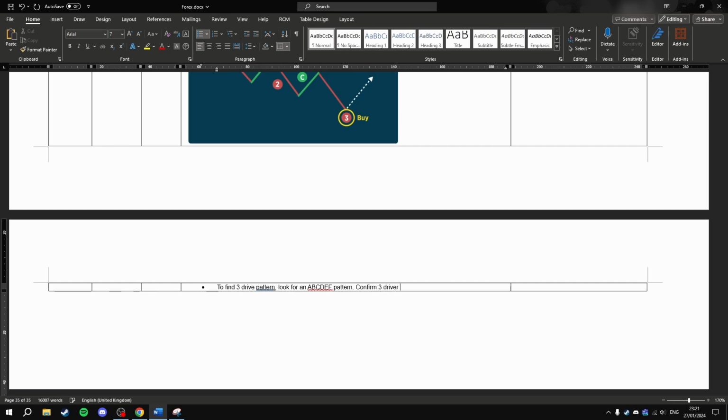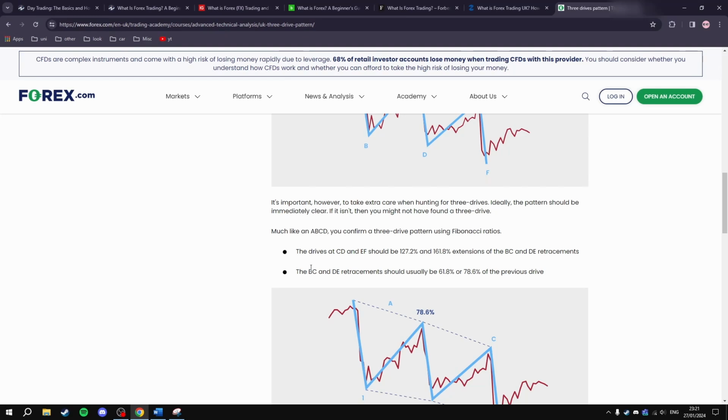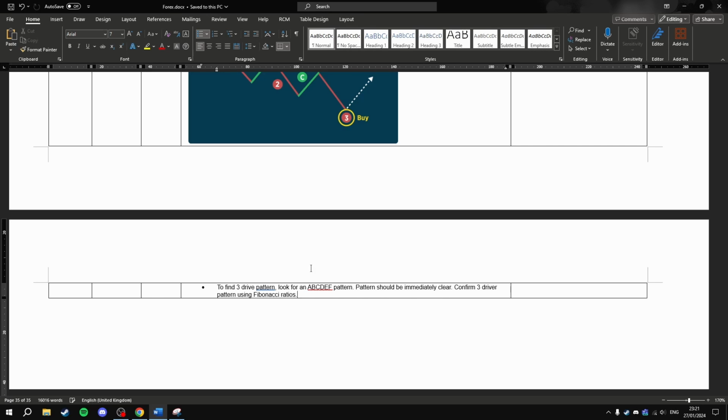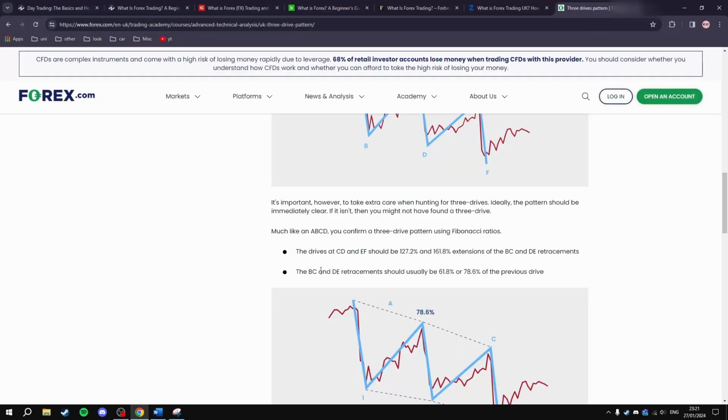The drives at C, D, and E, F should be 127.2% and 161.8% extensions of the B, C, and D, E retracements.